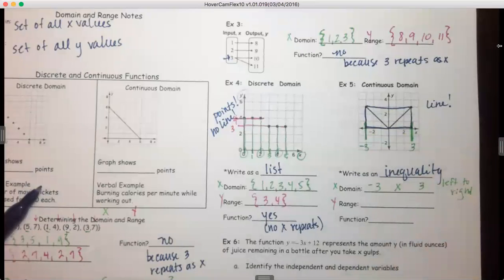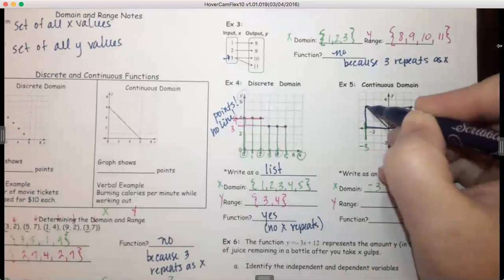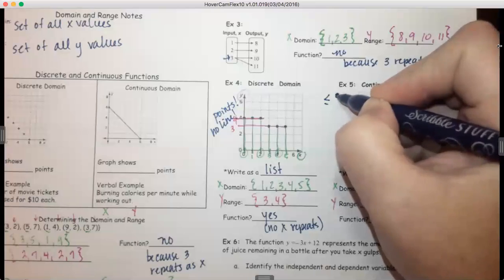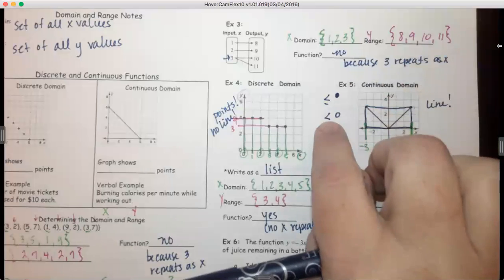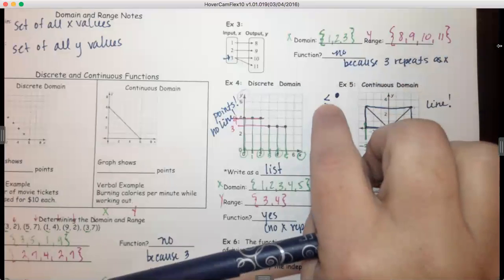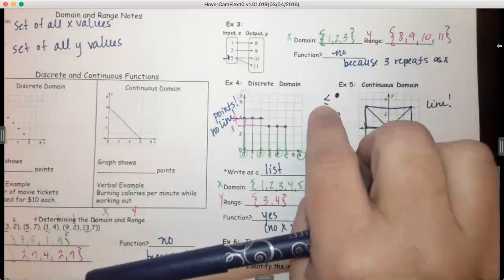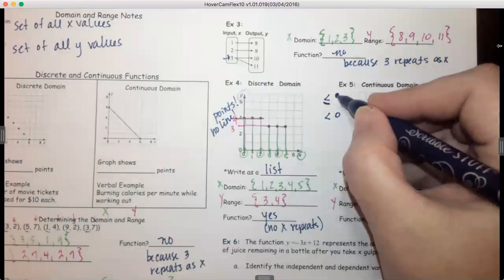So right now I'm going to write it just like this. I haven't put any inequality signs in yet, okay? What I'm going to do is look: are these open circles or closed circles? If they are closed circles, they get this. If they are open circles, they get this. So less than or equal to is closed, less than is open. I always think about this equal part sign is what fills in the dot.